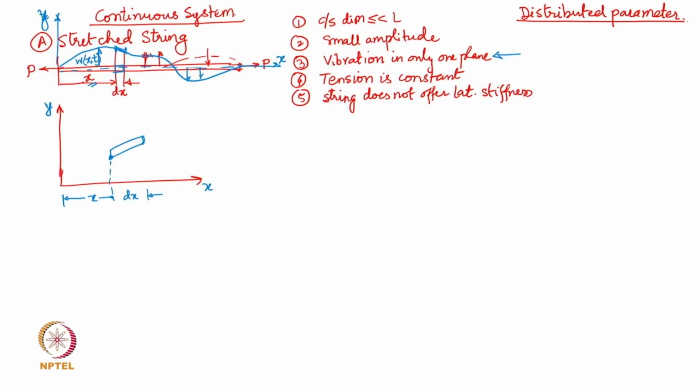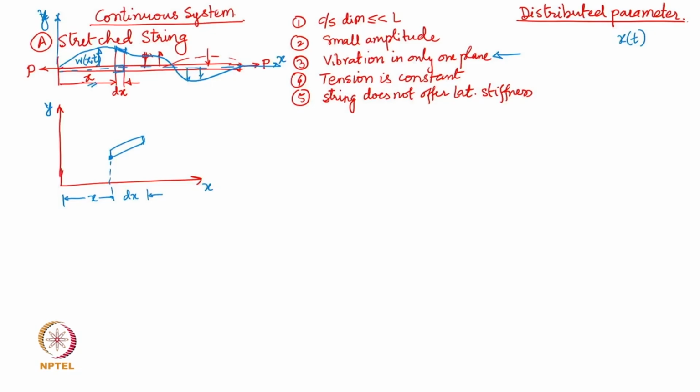Now in the discrete system model, we always defined the response as x of t, which means that the motion of a particular degree of freedom or a particular mass element or inertia element is defined as a function of only time. But here, because this system is continuously distributed in x, we define the response not only as a function of time but also as a function of x.